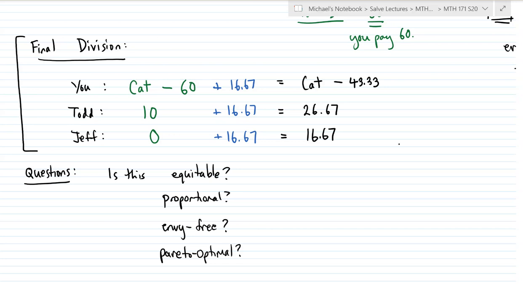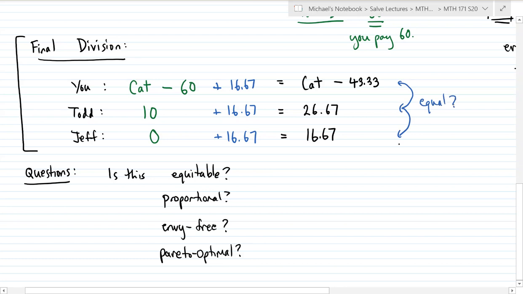Okay, so let's look at this now. Is it equitable? Remember, are all of these values equal? Okay, and so it might be a little bit hard.